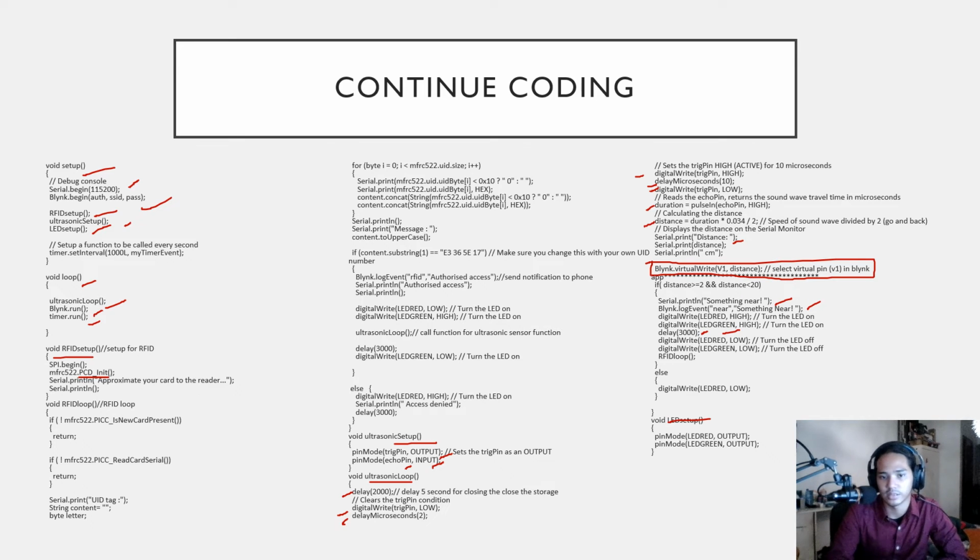Next I'm going to present. In the ultrasonic loop we also have the RFID loop, which I already connected into the ultrasonic loop. For the next part, the RFID loop, you can see it here.